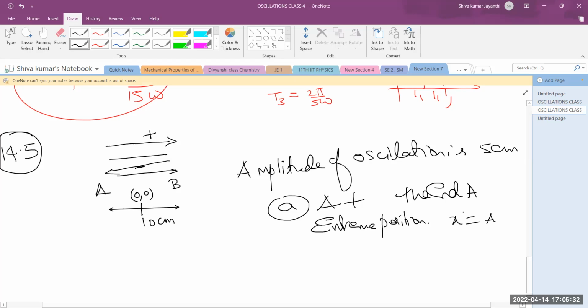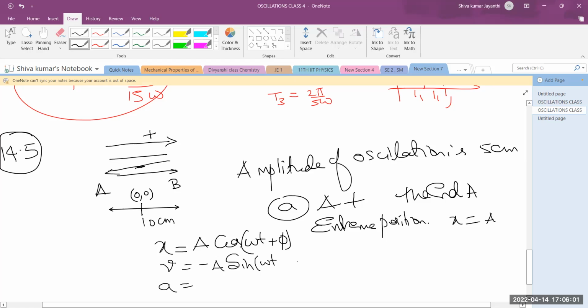If X is at extreme position, what did I tell you about velocity? What is displacement? What is velocity? We derived it yesterday. What is acceleration? What are the equations for such a motion? X is given by A cos(omega t plus or minus 5), so I'm writing only plus. And velocity becomes minus A omega sin(omega t plus 5), taking only plus.